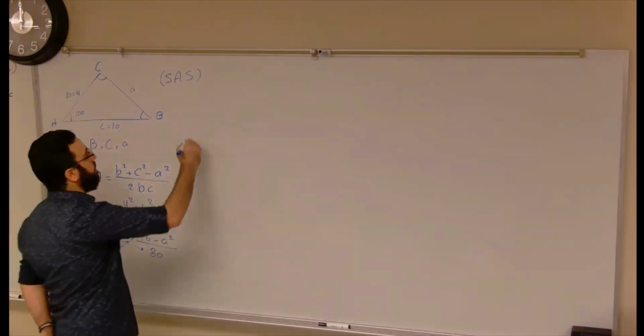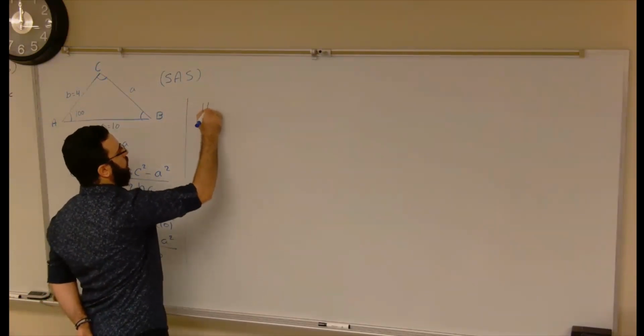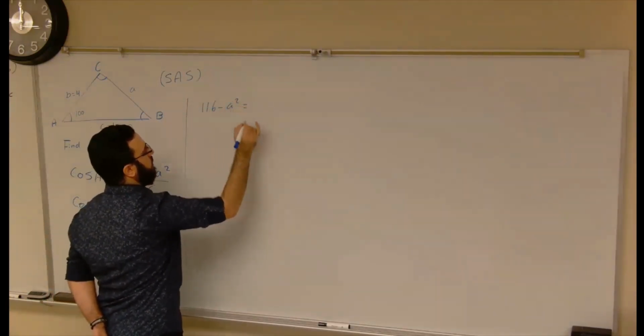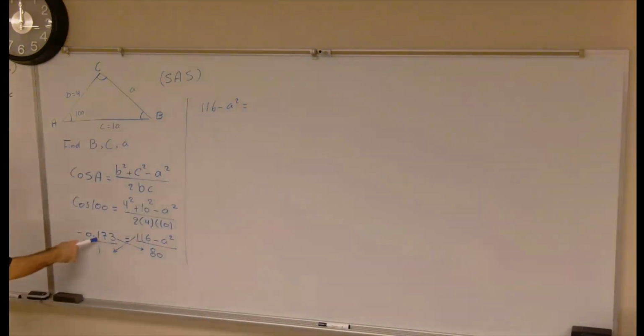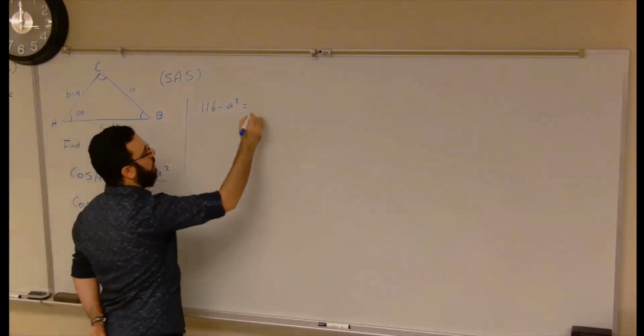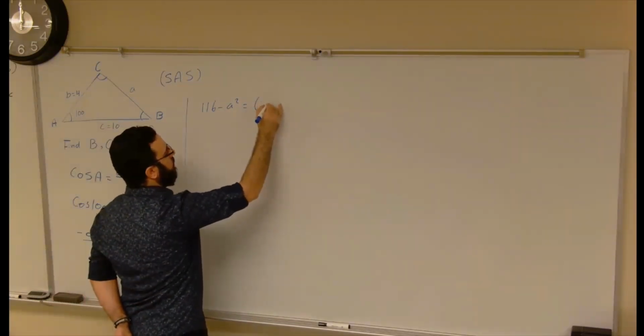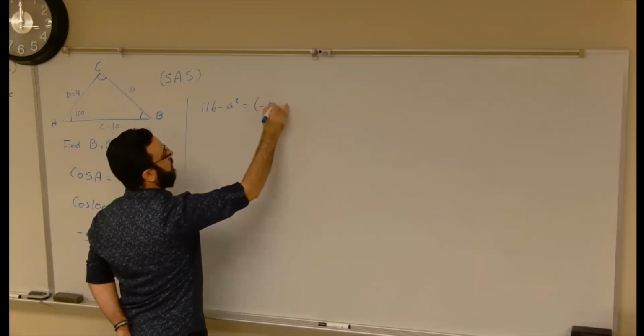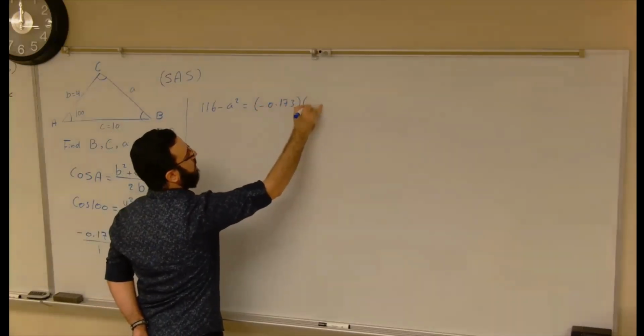That means 116 minus a squared is going to be this number times 80. Negative 0.173 times 80.